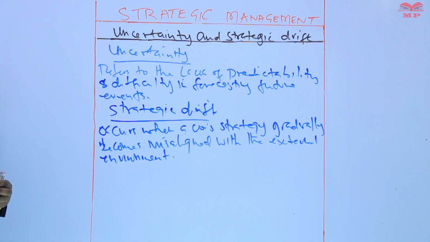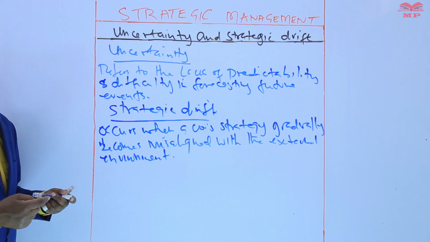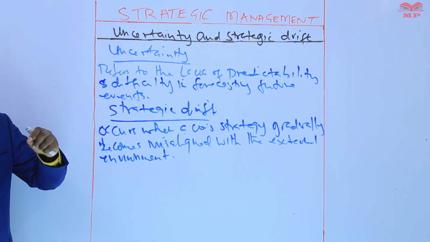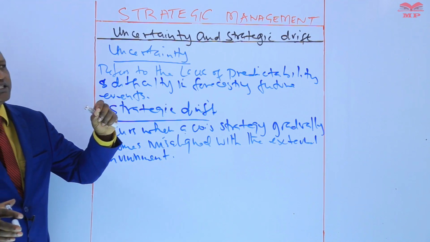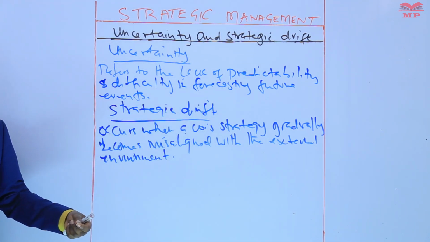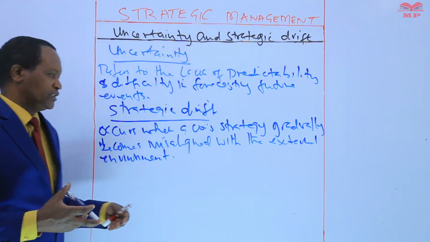It is a slow and subtle process that can happen over time as the organization fails to adapt to the changing circumstances or fails to recognize emerging threats and opportunities.